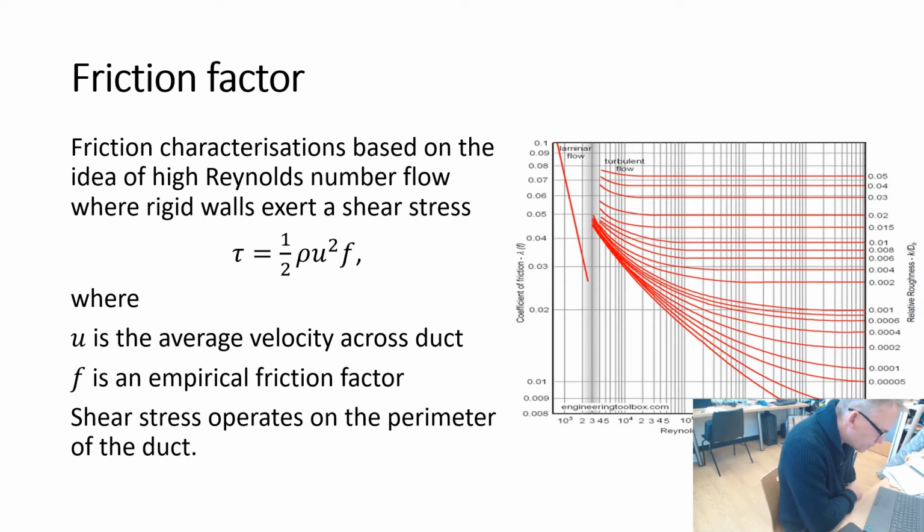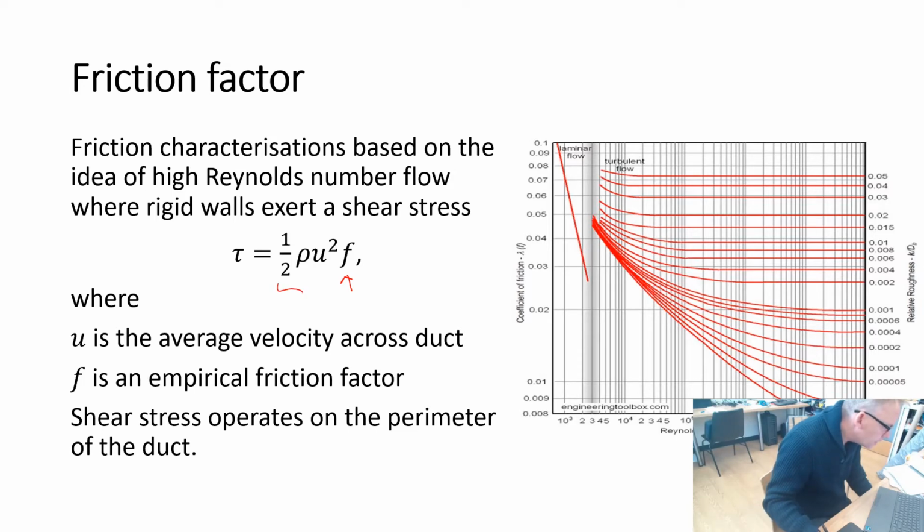Now the first thing, we're going to be talking about friction, and we just need to overcome a slight difficulty in terms of terminology. If you're coming from the fluids community, where I sit, we tend to talk in terms of friction factors, and different communities describe friction factors in different ways. The way we normally take it in the fluid community is that the tangential shear stress is proportional to half rho u squared.